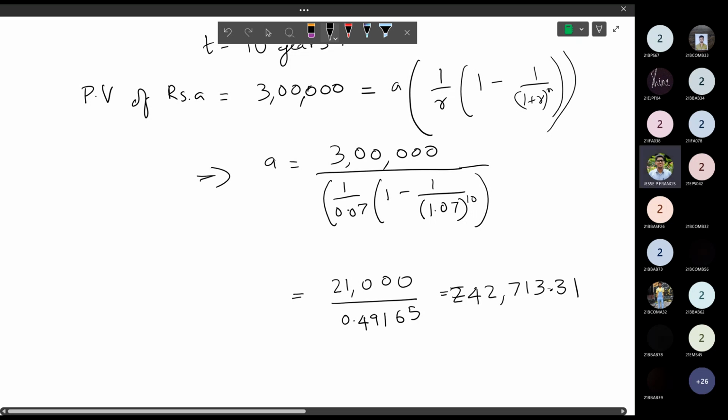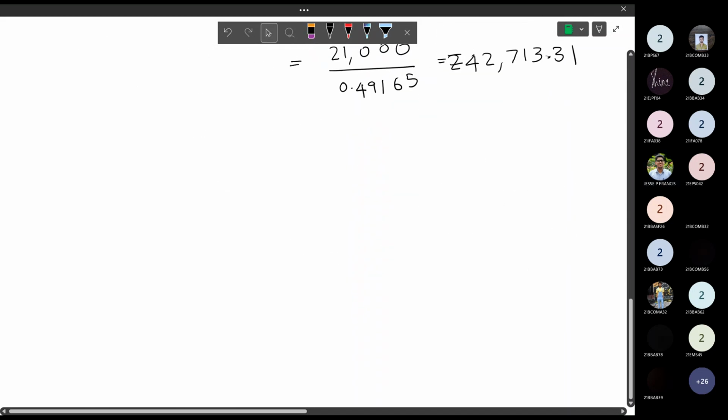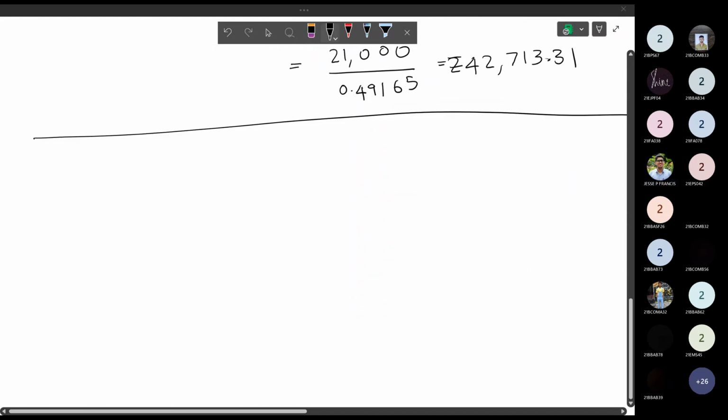All right. Let's calculate. It is given that R is equal to 4%, which is 4 by 100, and T is equal to 10.